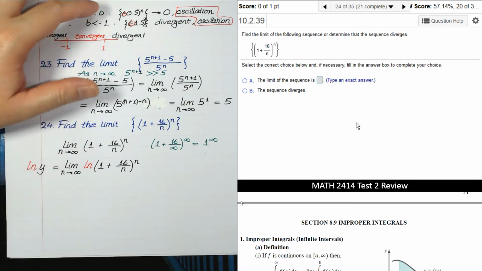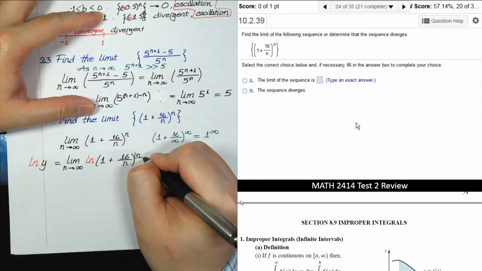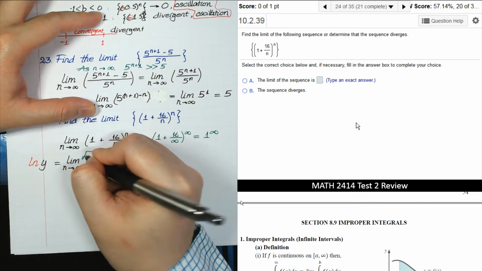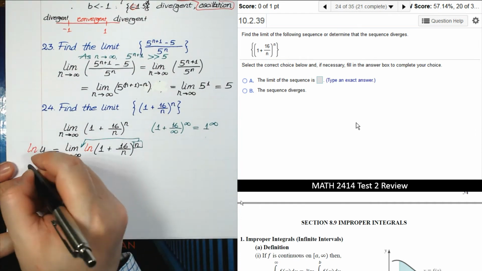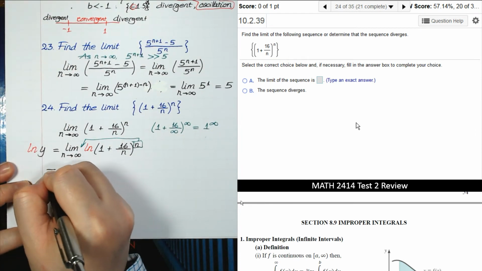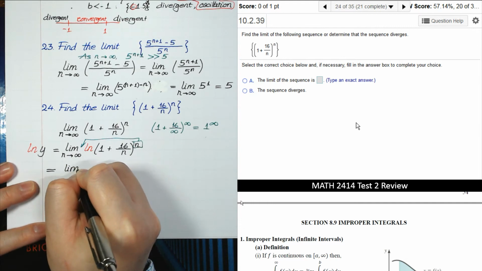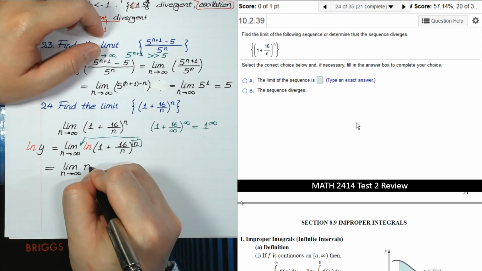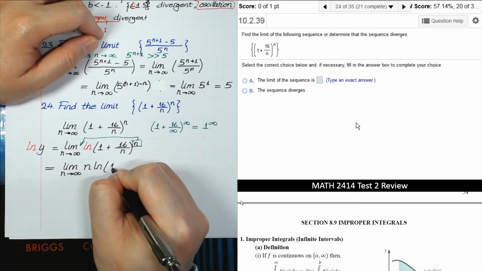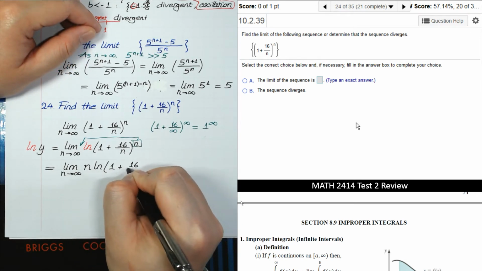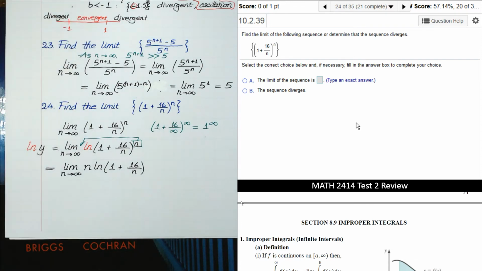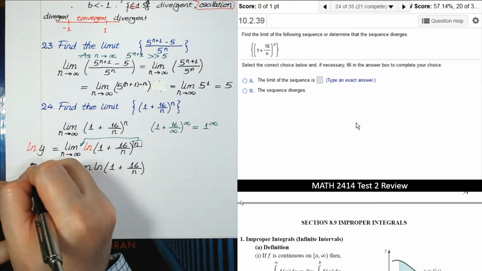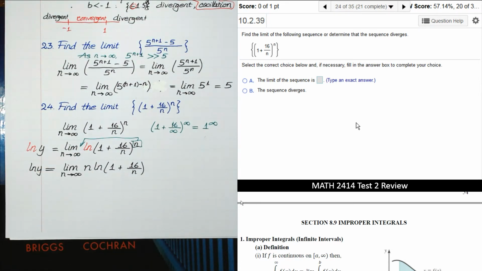The only reason we take ln is so that the exponent can be brought down. That's good.